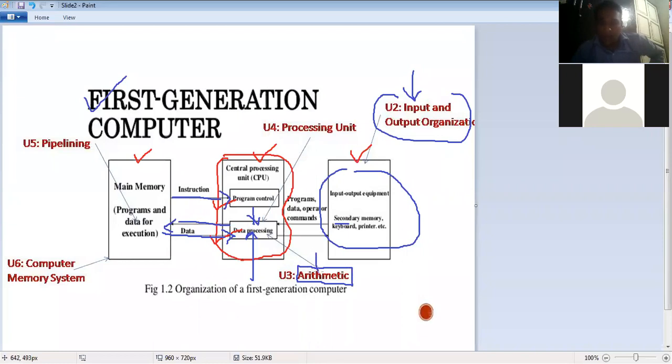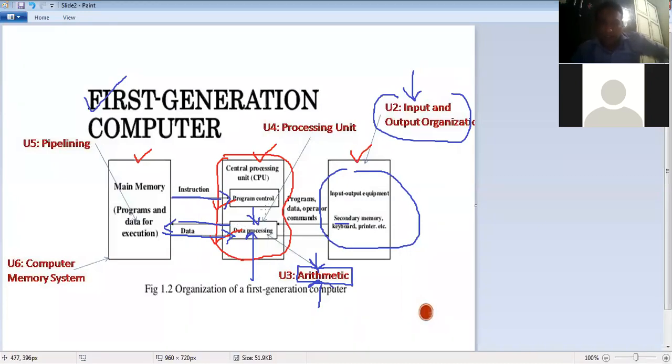In unit number 3, we discussed in detail how that particular unit is designed and how multiplication is carried out. In multiplication we discussed both multiplication algorithms. Then we discussed the binary bit pair recoding technique. And we also discussed how exactly floating point numbers are stored in the memory.